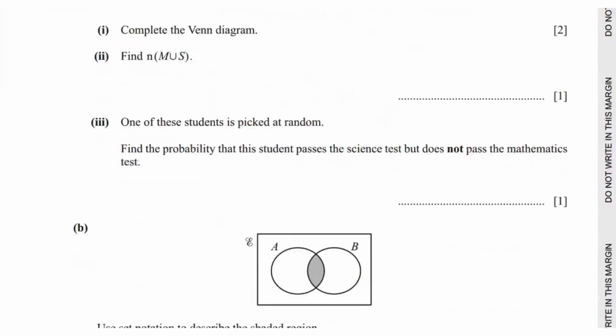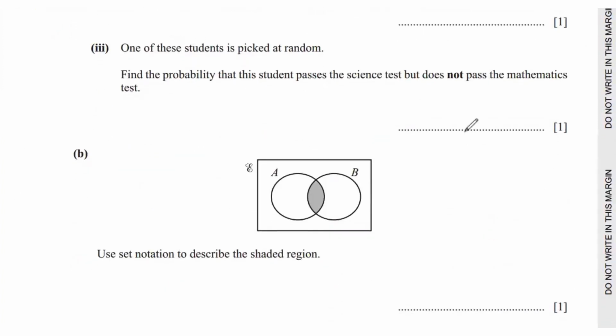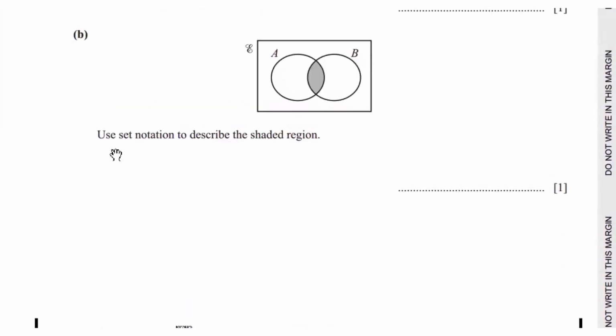So our probability is going to be 20 out of 142, which can be simplified to 10 over 71 as well. Part B says use set notation to describe the shaded region. Since it's only shaded in the common region between the two sets, that means it's A intersection B.